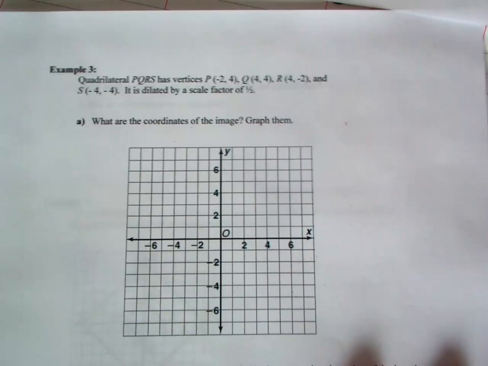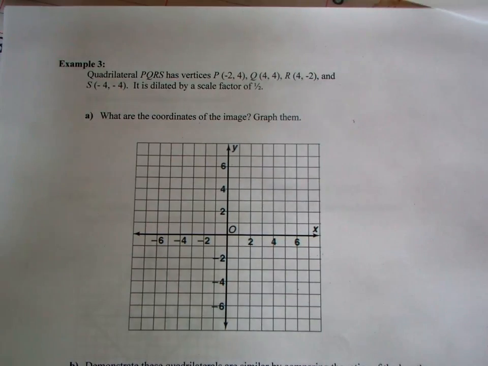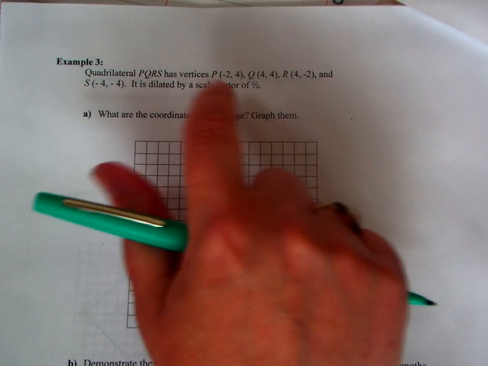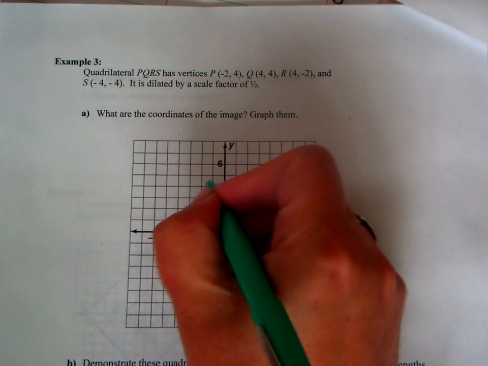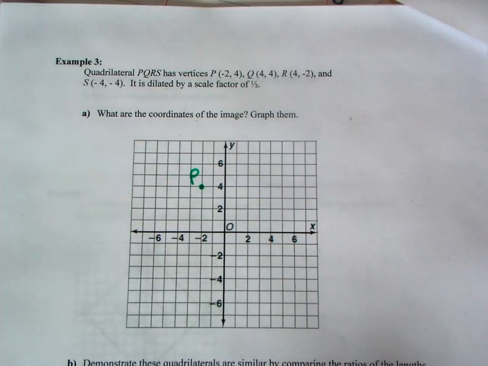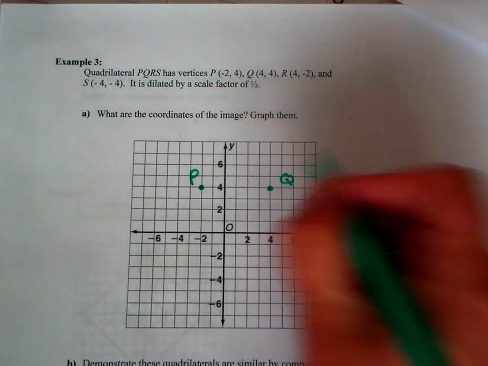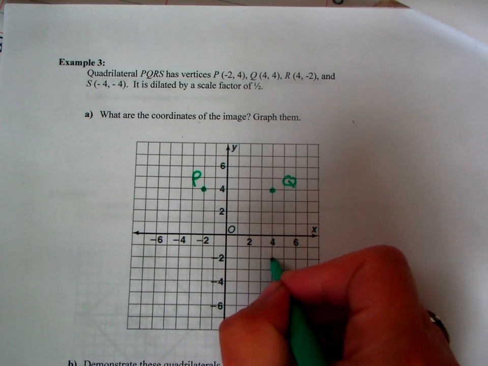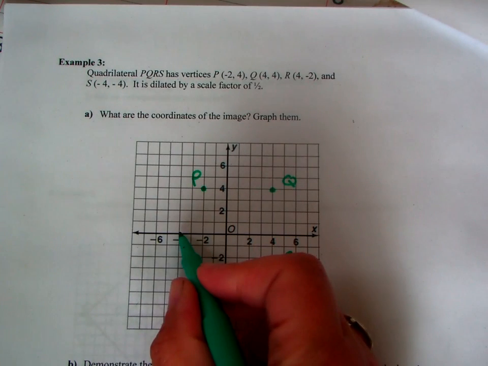All right, now these are going to be actual problems where you are looking at graphing them. So the very first shape is a quadrilateral, a 4-sided figure, with vertices of P at -2, 4, and 4, 4, and 4, -2, and -4, -4.